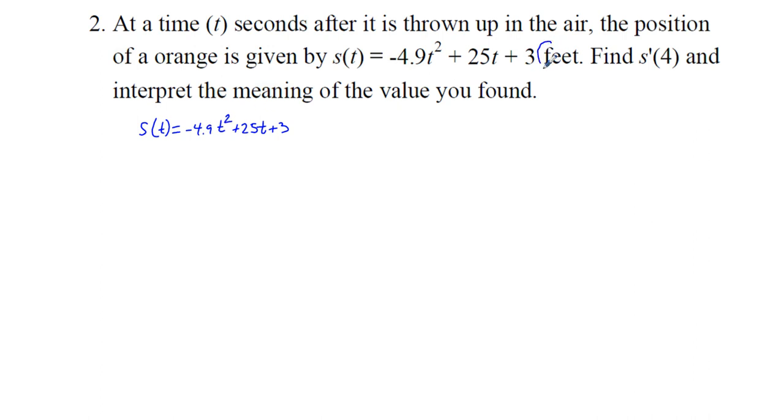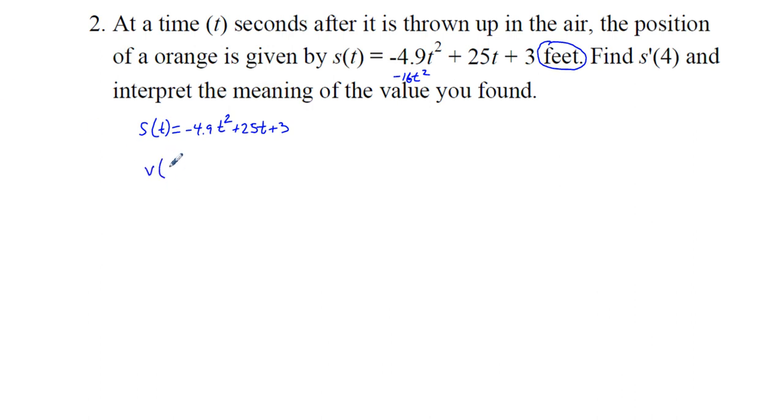Is there anything strange about this function? Yes, feet. Position due to the force of gravity is usually mentioned as negative 16 t squared. So negative 4.9 makes more sense in meters, but we're going to let that slide. I've told Stacy about that. Let me write it like this.